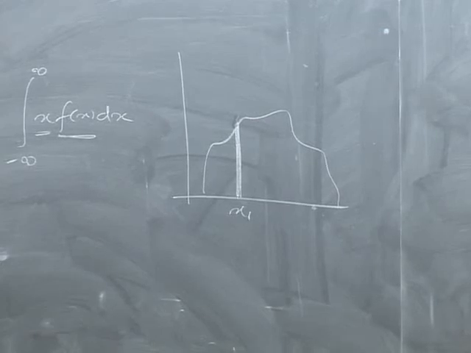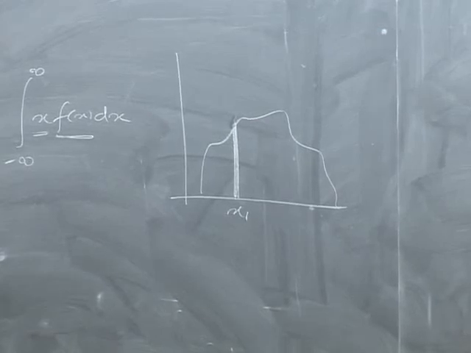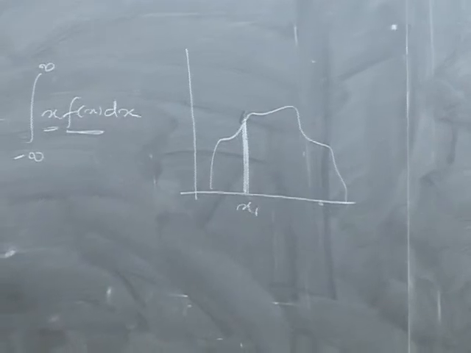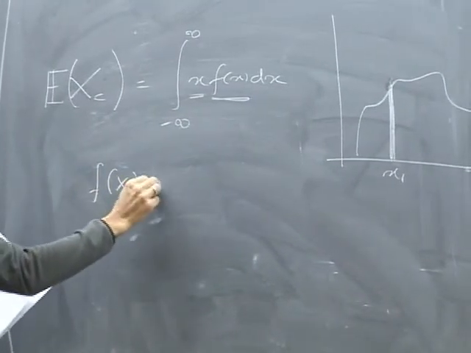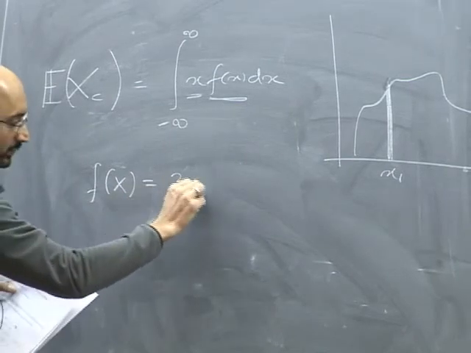So for the homework example, we had over there f(x) given as 3x squared.